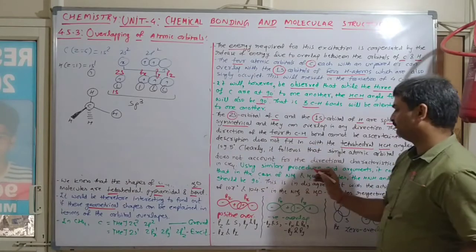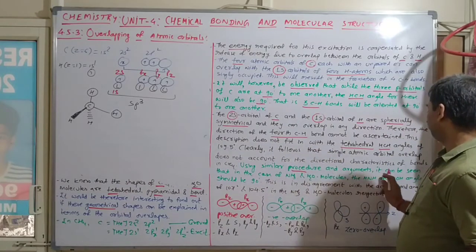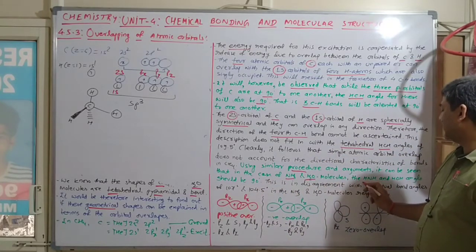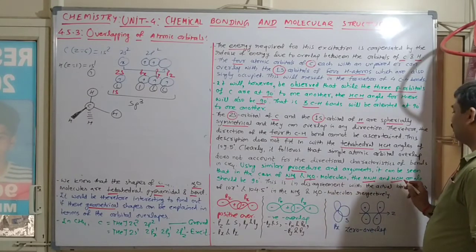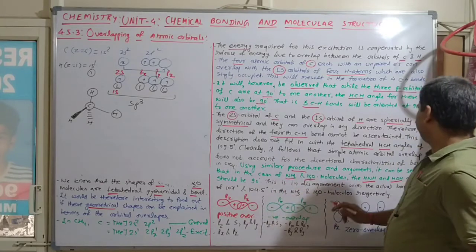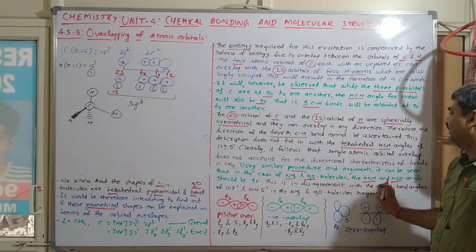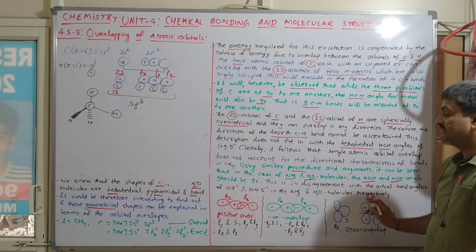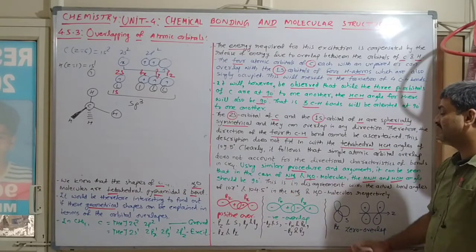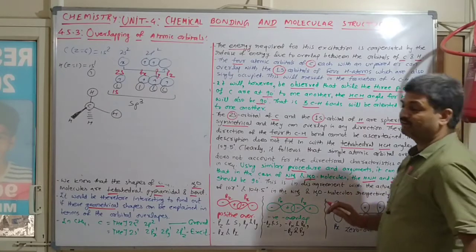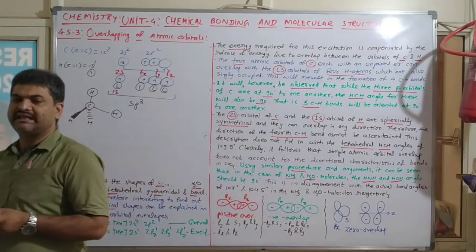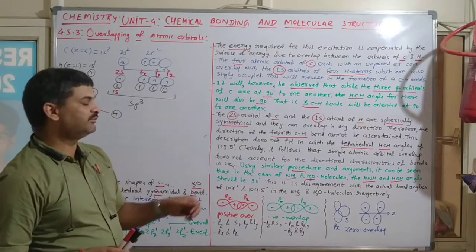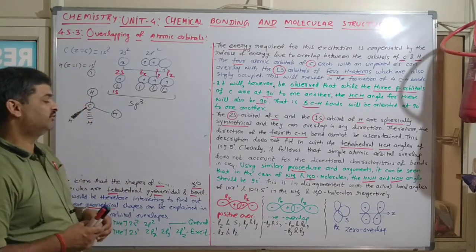Using similar procedure and argument, it can be seen that in case of ammonia and water molecule, the HNH and HOH angles should be 90 degree, but this is in disagreement with the actual bond angles, which are 107 degree and 104.5 degree in case of ammonia and water molecule respectively. जैसा मीथेन में आपको मैंने बताया, same condition will come in case of ammonia as well as water molecule. इसमें भी 90 डिग्री नहीं है, अमोनिया में, वाटर में, तो वहाँ पे एंगल क्या है?